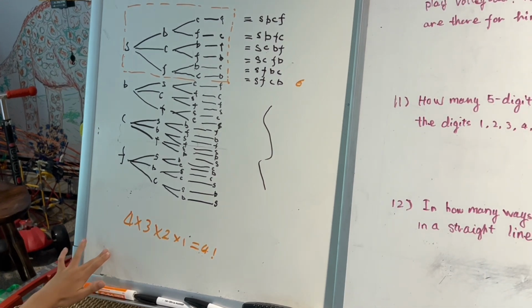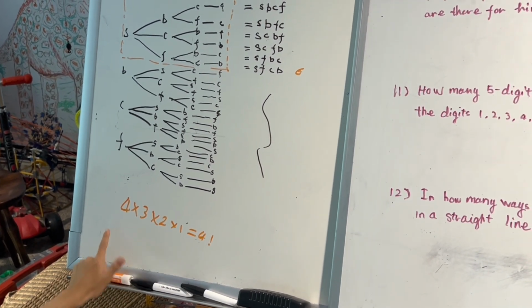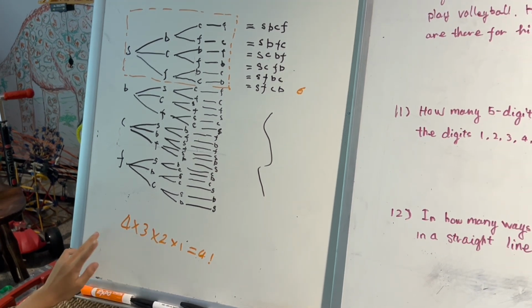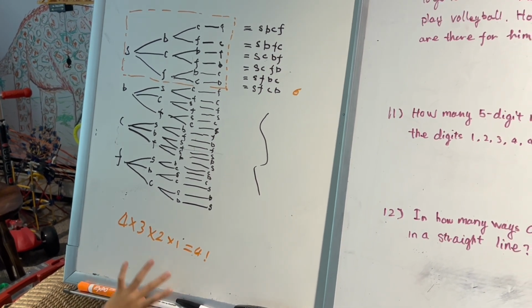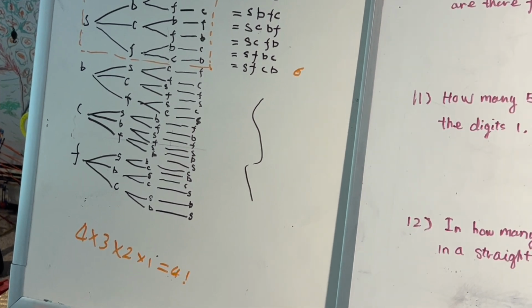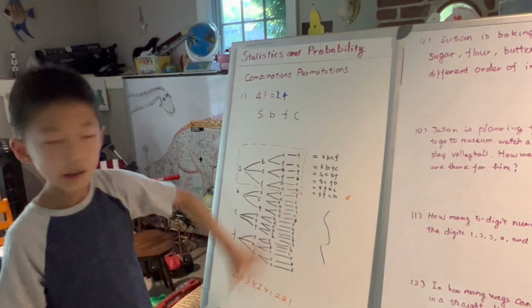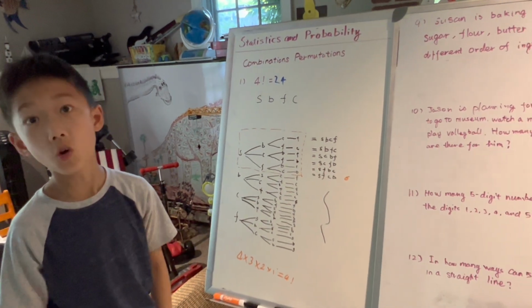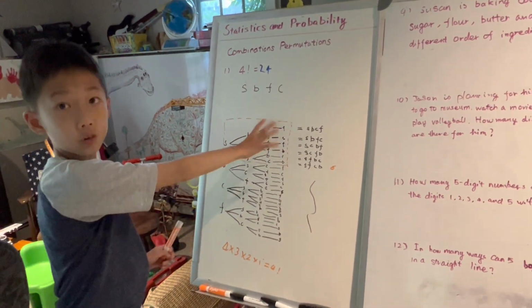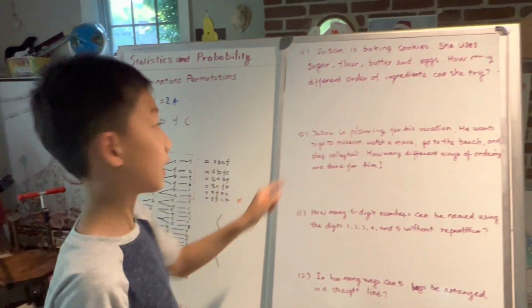Since there's 4 ingredients, it would be 4 factorial, which means 4 times 3 times 2 times 1 equals 4 factorial, or 24. All of this is 24, for each set. Then the answer for this one is 24.